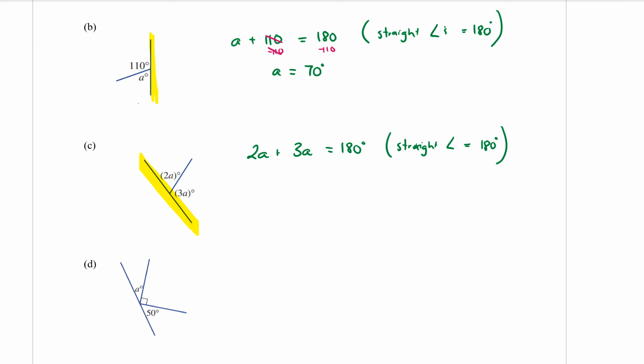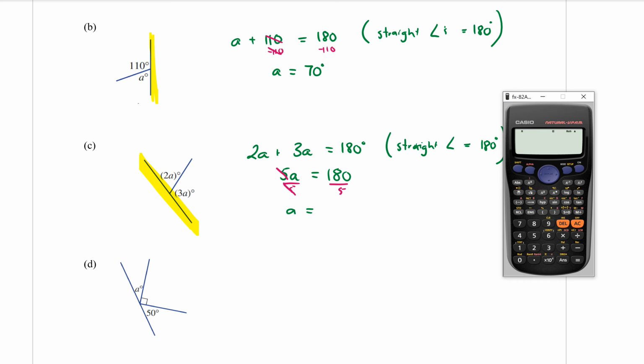Now we need to collect those two A terms together first before we try to solve anything else. 2A plus 3A is 5A, and that is equal to 180. Then to get rid of the 5, I want to divide by 5. And that means that A is equal to 180 divided by the 5, which is 36.